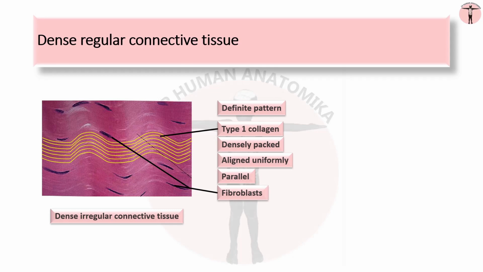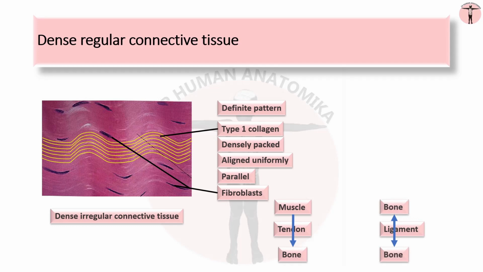Abundant fibroblasts are aligned parallel to the fibers. Examples for dense regular connective tissue are tendon, which holds the muscle to the bone, and ligament, which holds the two bones together near the joint. The uniform alignment helps in transferring mechanical force between two structures.